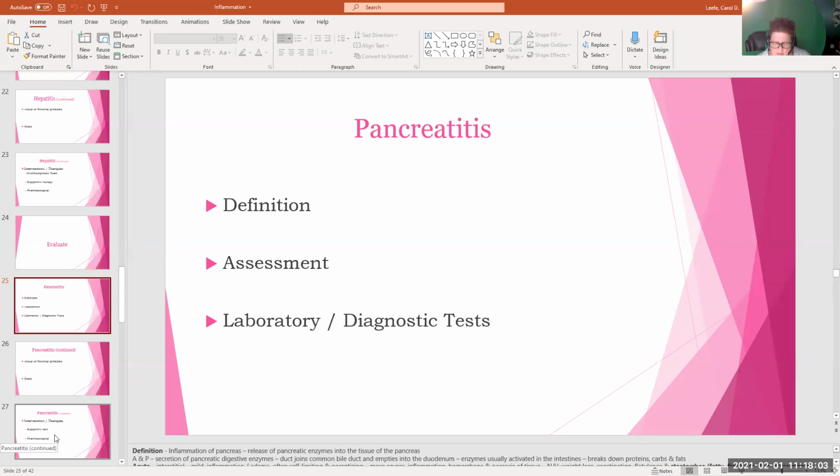Okay? And then gallstones or alcoholism, for either the obstruction of the pancreatic duct or the edema, increases the pressure and causes it to come back with the autodigestion. NPO is critical at this point.